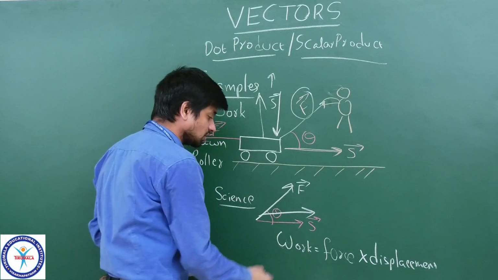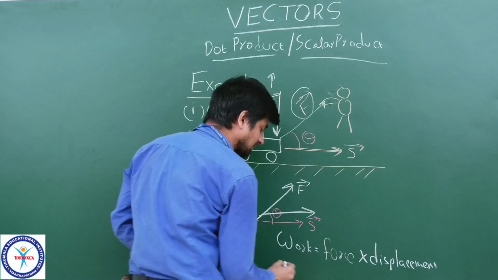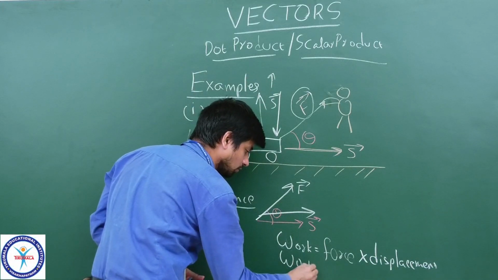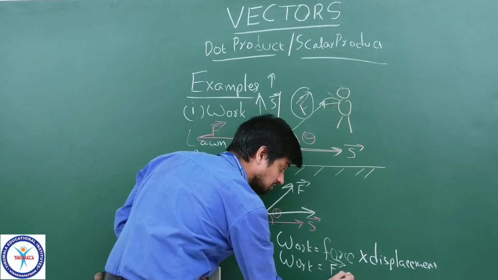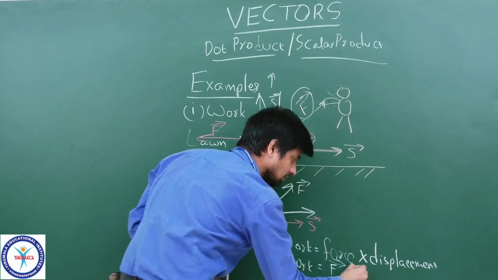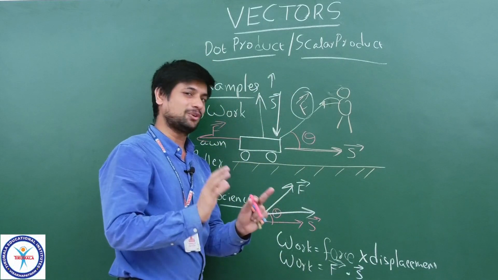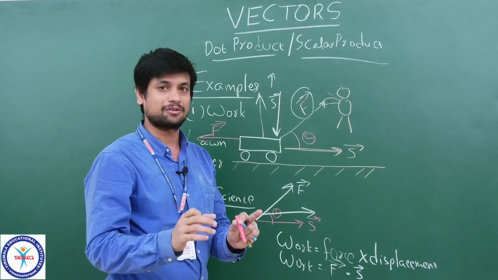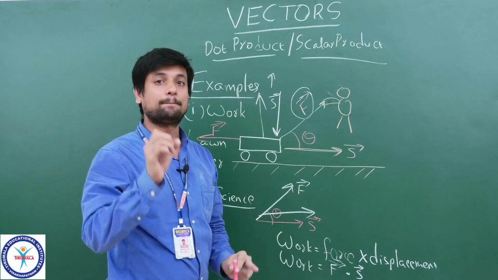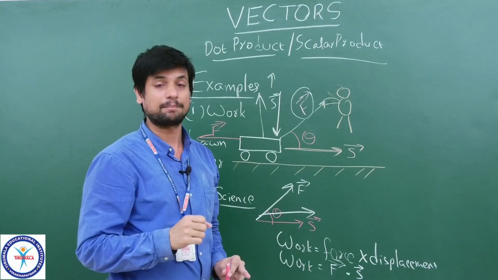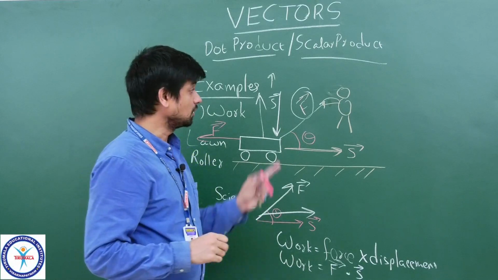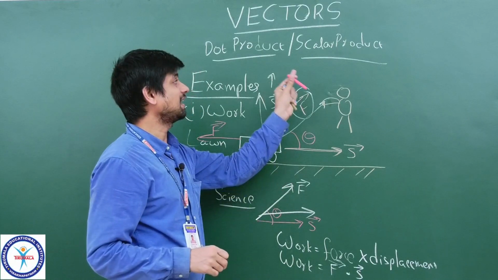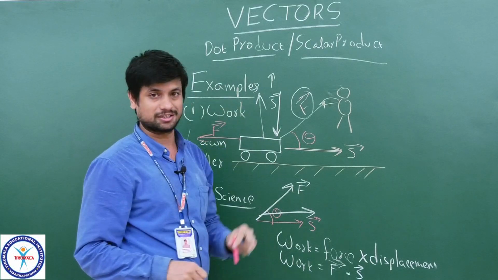So that's why work equals force into displacement, F dot S. I am multiplying two physical quantities, but here I require parallelism. So whenever I require parallelism, I should take the projection product, or scalar product, or dot product.